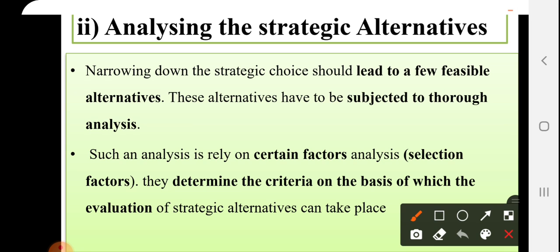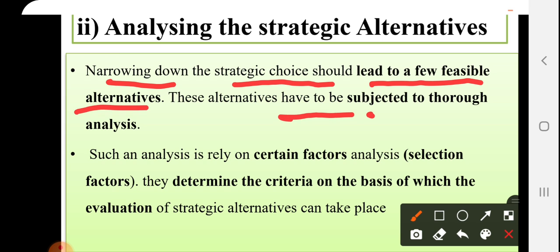Narrowing down the strategic choices leads to a few feasible alternatives, subject to analysis. Those are the strategies we have as feasible, or those strategies we can apply.